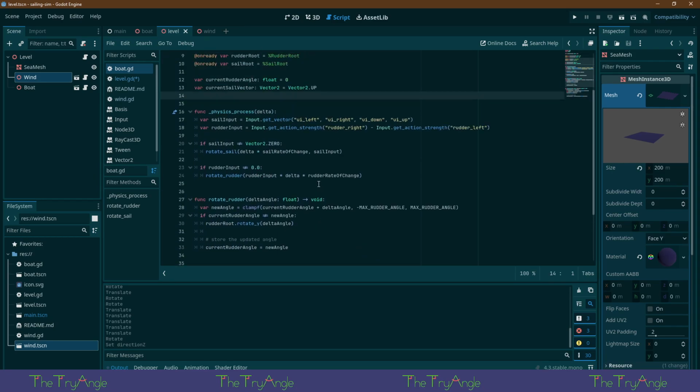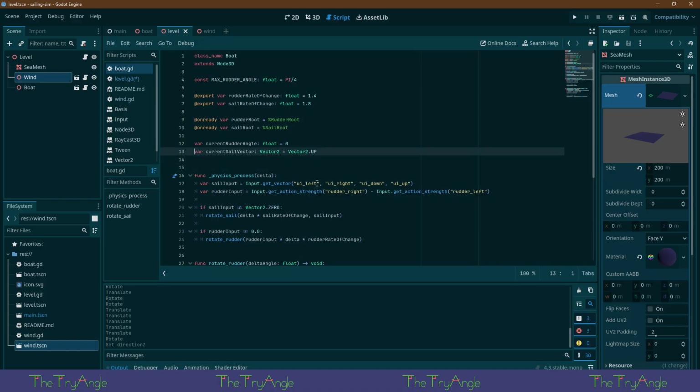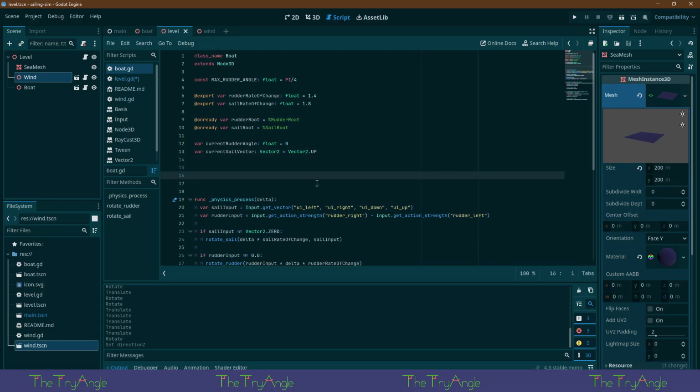See, already this function's gotten large. It's clunky. I don't like it. Let's see. Accept wind. Calculate wind projection.